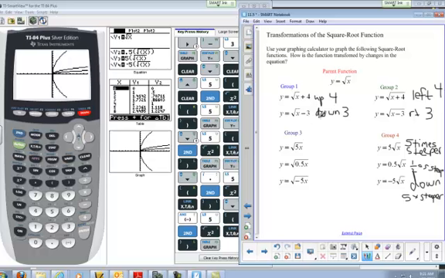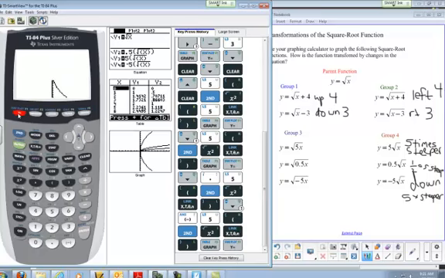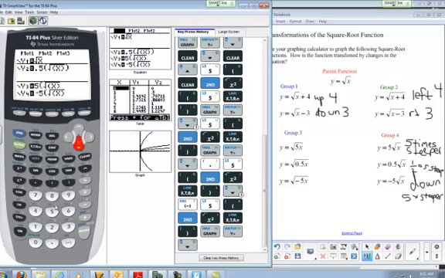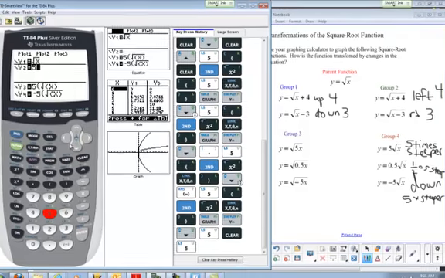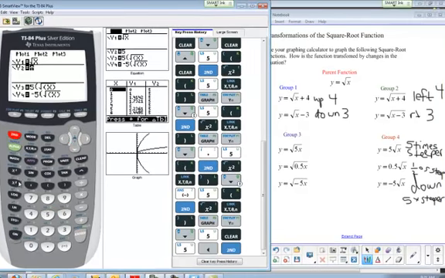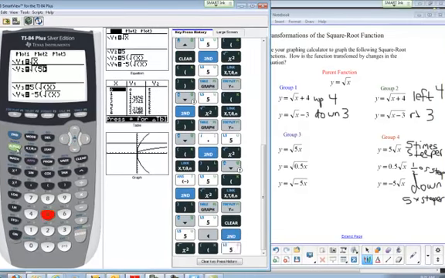So what's happening with group 3? Let's put this in. I'm just going to clear this whole thing. Square root of 5x.